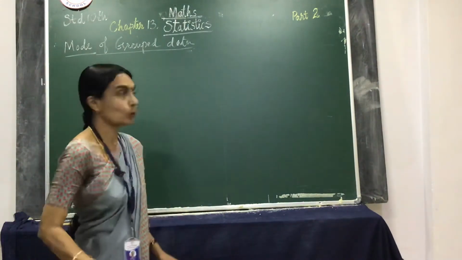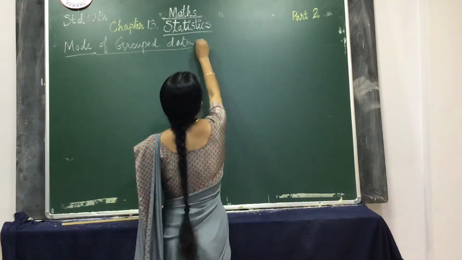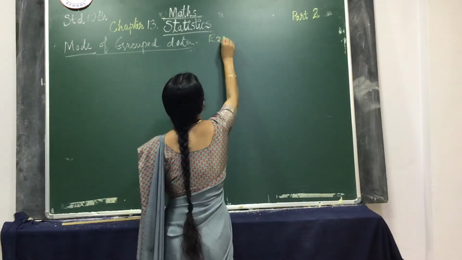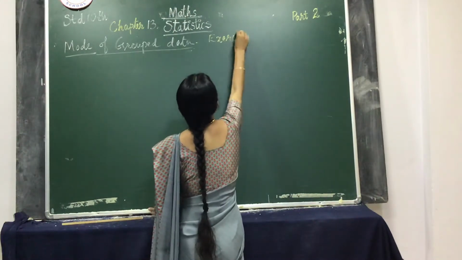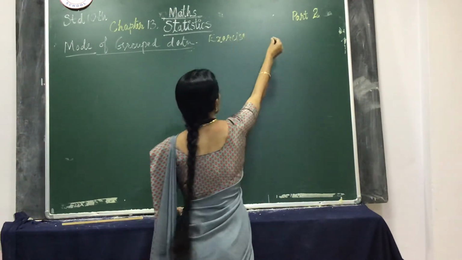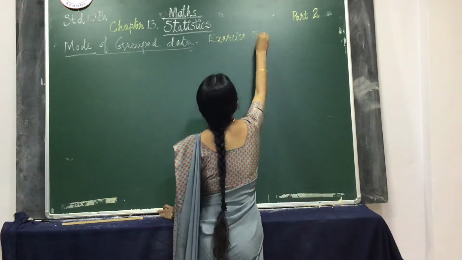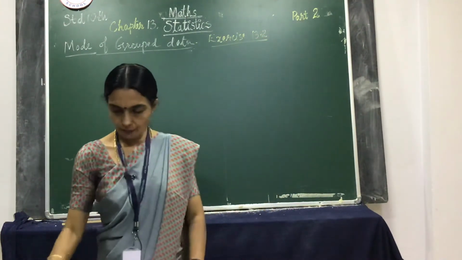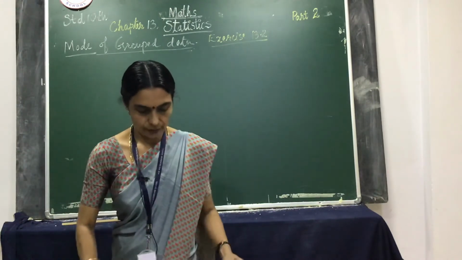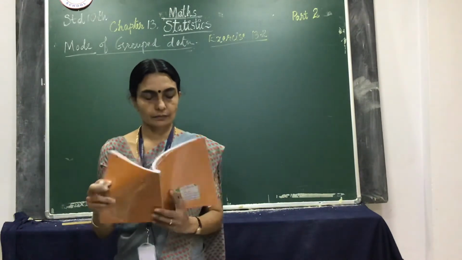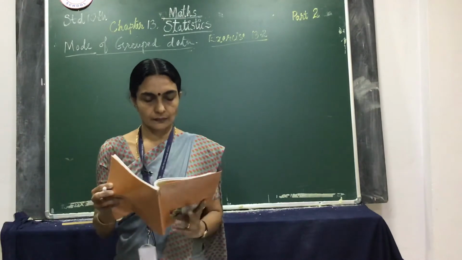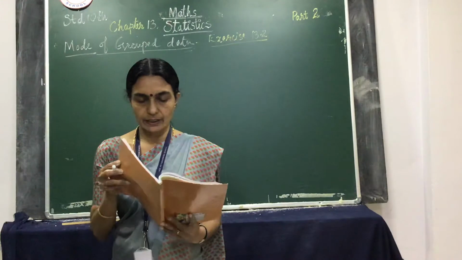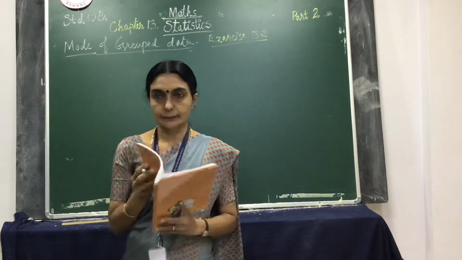Exercise 13.2. The first question. The following table shows the ages of the patients admitted in a hospital during a year.